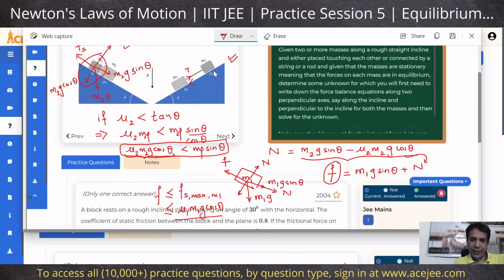If M2 was pushing it, then the force that M1 is experiencing due to the rod is downwards. If M2 is pulling it upwards, applying the brakes, then the rod will be pulling M1 up the incline. It sounds a bit complex, too many words, but if you think about it, it's not that complicated.